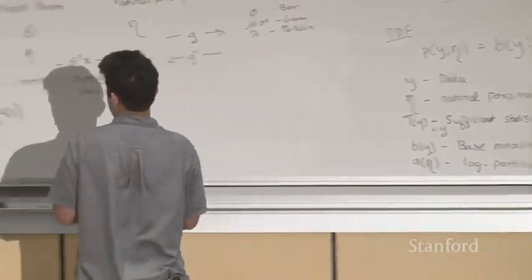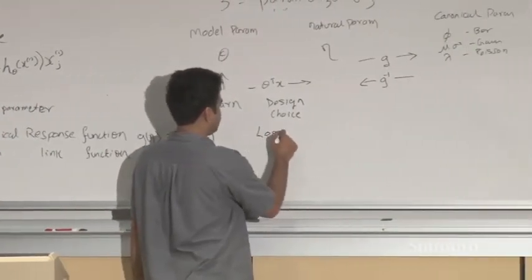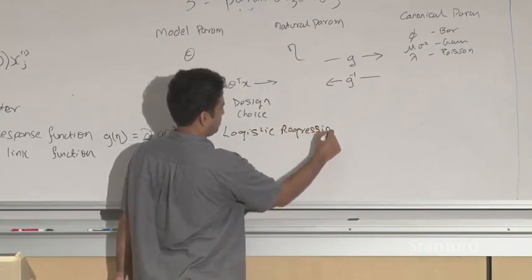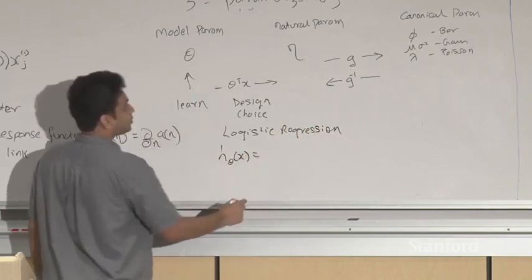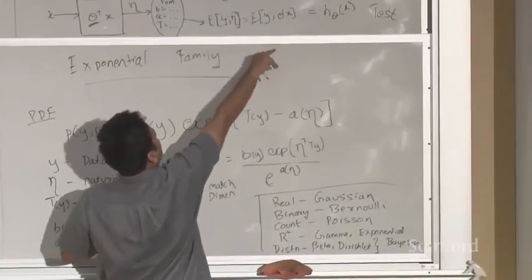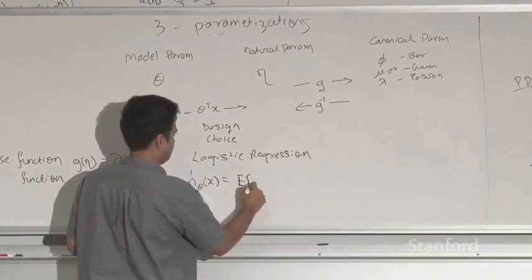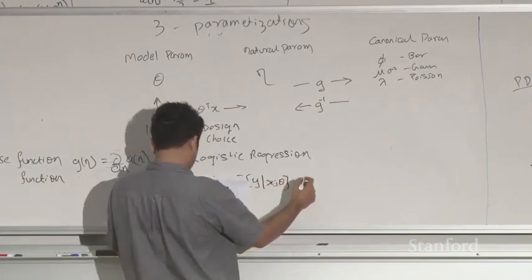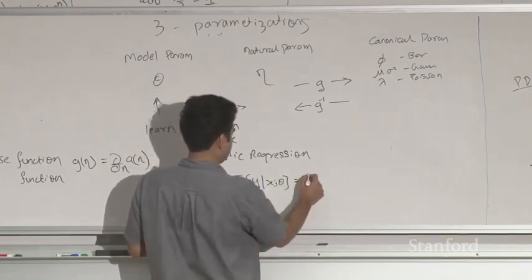So now it's actually pretty clear. When you're doing logistic regression, h theta of x is the expected value of y conditioned on x, parameterized by theta, and this is equal to phi.